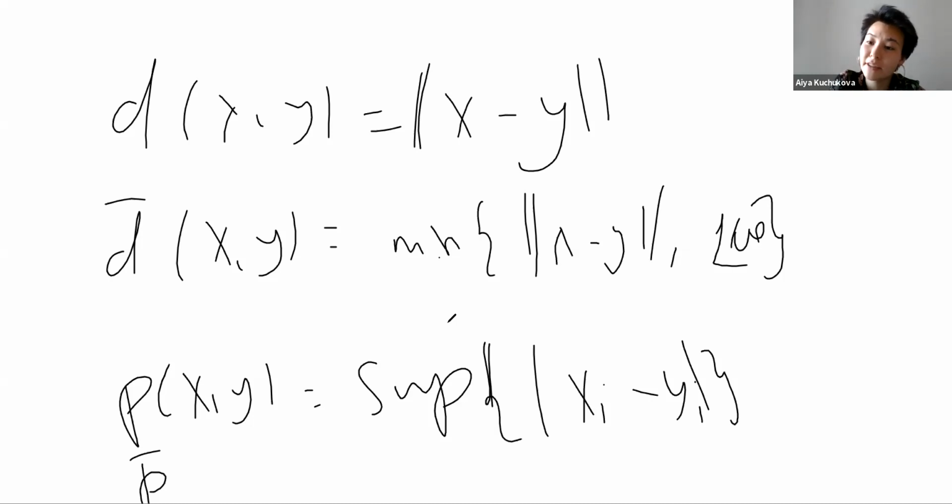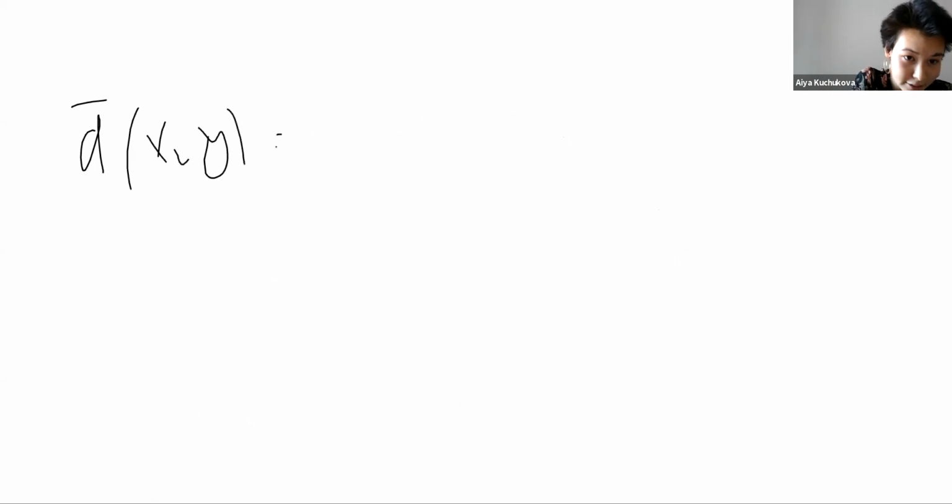Okay. Say we defined a metric d bar, which is a one-dimensional metric. d bar of x, y would be the absolute value of x minus y.